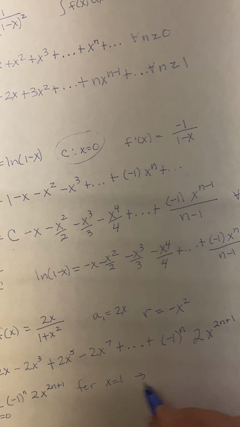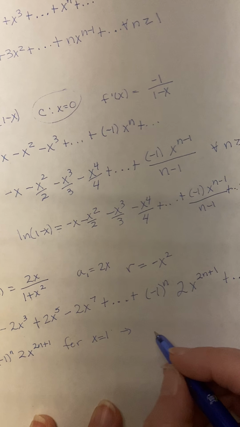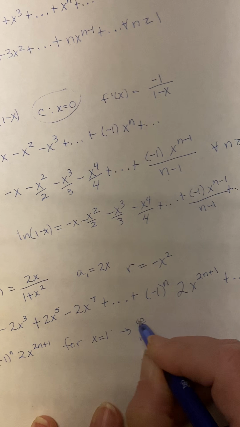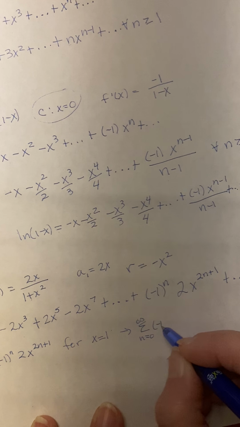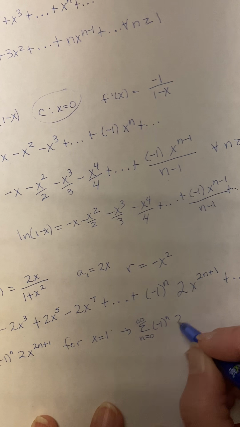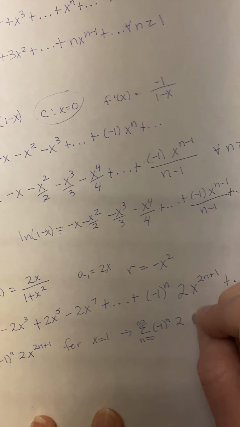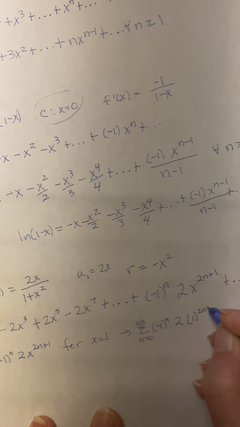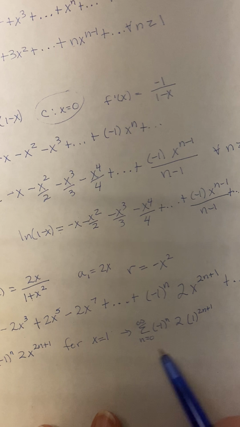Well, to do this, we're going to let x be 1 in our series. So we would have the sum as n goes from 0 to infinity. And if we put a 1 in there, we have negative 1 to the n. We have 2, and this would be, hold up, wait a minute, x is 1, 2n plus 1. So now, how do we show if this converges or diverges or not?